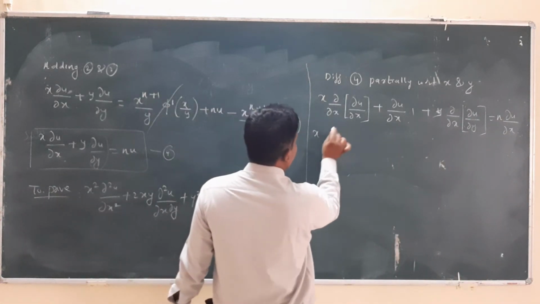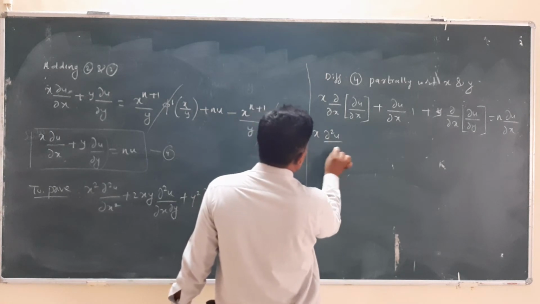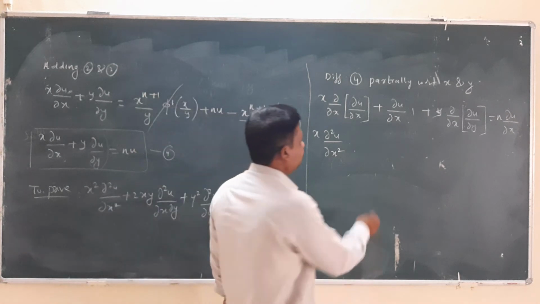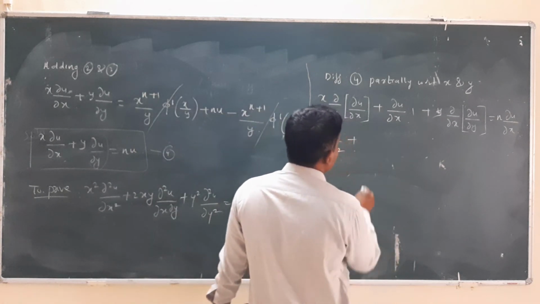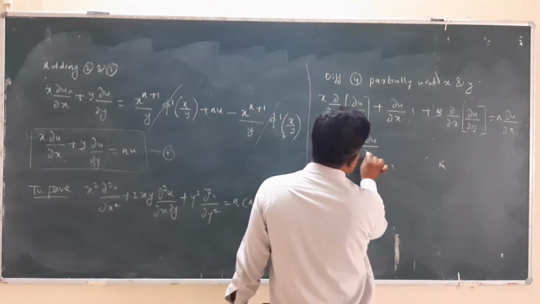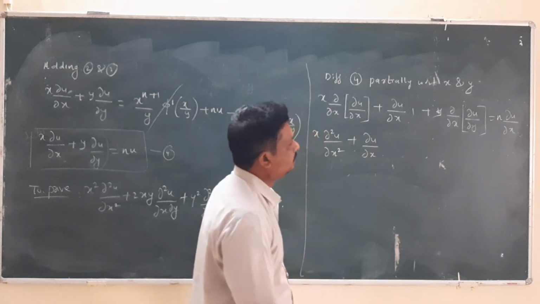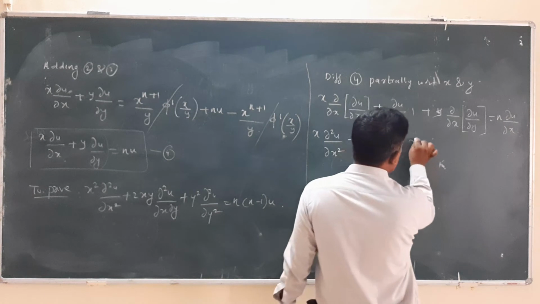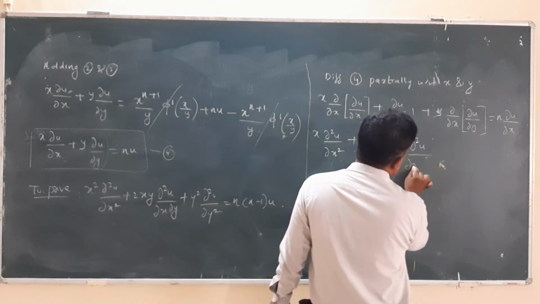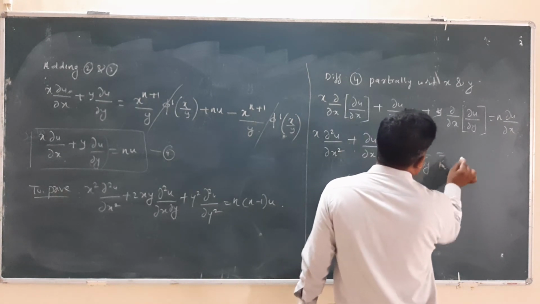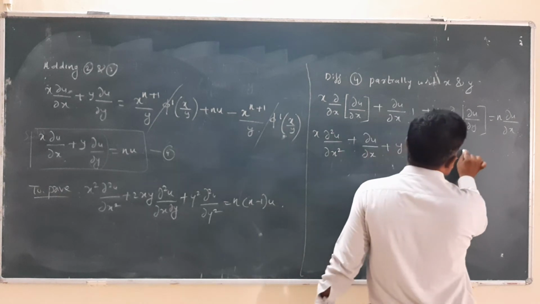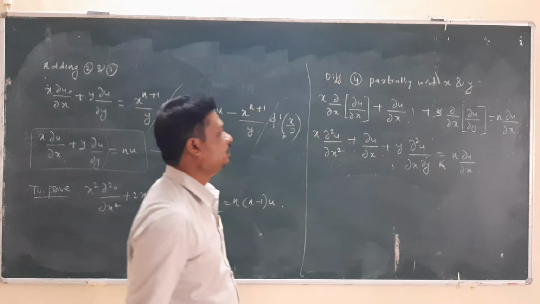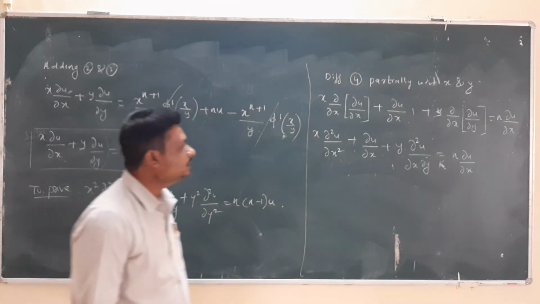So this becomes x ∂²u/∂x² plus ∂u/∂x plus y into ∂²u/∂x∂y is equal to n into ∂u/∂x.